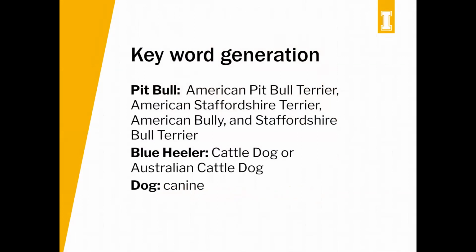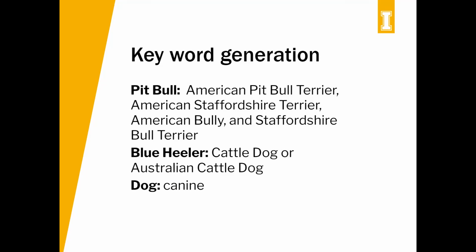So, for example, Bea is a pit bull blue heeler mix. For a pit bull, there are many different terms. She's an American Pit Bull Terrier, an American Staffordshire Terrier, an American Bully, and a Staffordshire Bull Terrier. Any of those things will bring back possibly something that I'm interested in for that part of her.